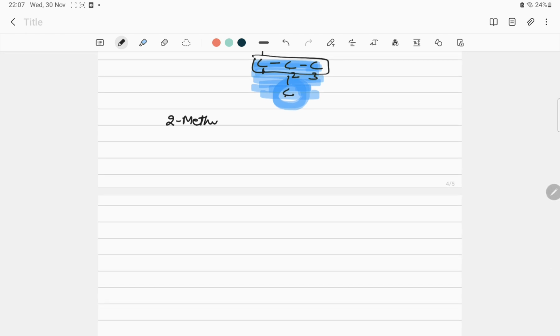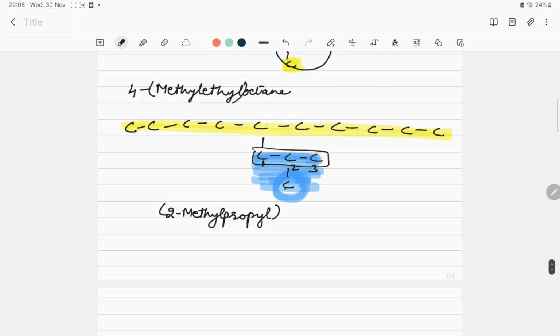So it is 2-methyl propyl, and because it's the name of a complex substituent, it should be kept in a bracket. Now this entire substituent is present at which position? We have to number the carbon atoms in the parent chain also to find it out. So 1 2 3 4 5 6 7 8 9 10. The substituent is present at number 5.